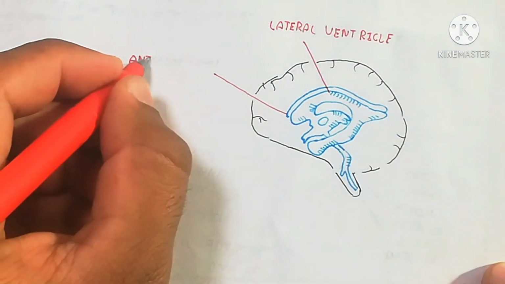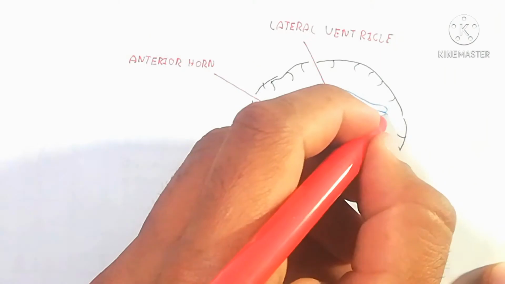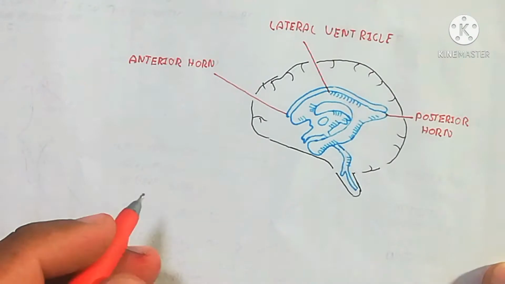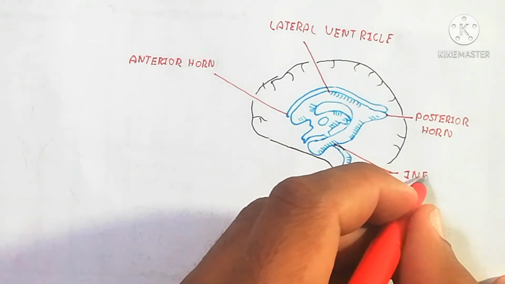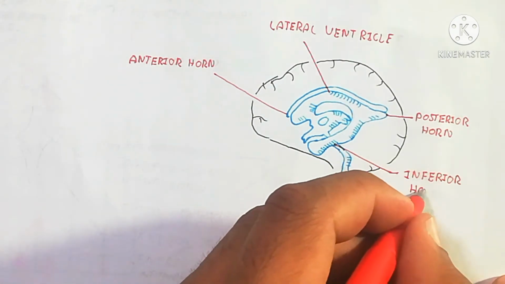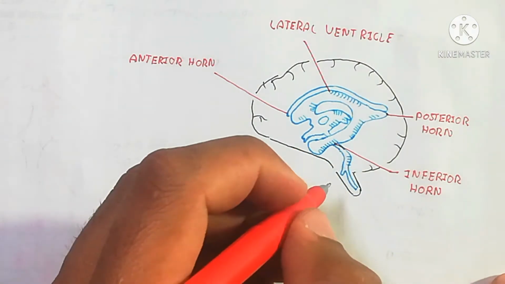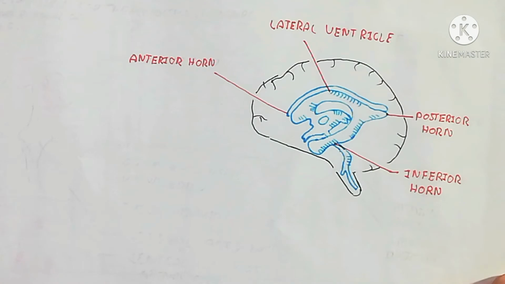The cerebrospinal fluid nourishes the brain and extracts waste material. It is also a shock absorber, because fluid-filled cavities are present. Here is the lateral ventricle, with the anterior horn, posterior horn, and inferior horn. It goes to the stem and ultimately converts into the neural canal, which is present in the spinal cord.